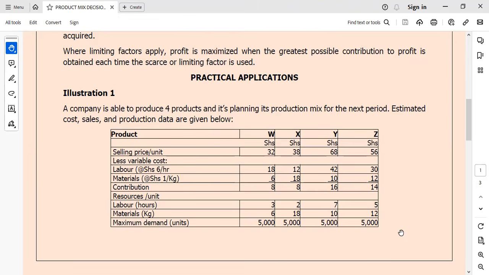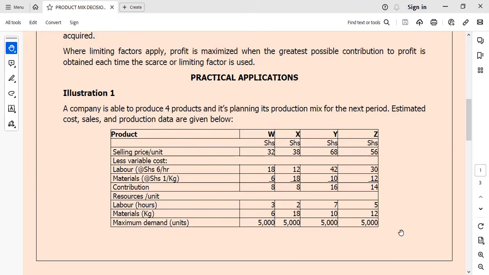Then they are also giving us materials in kilograms, which are required to make a unit of each product. We have the maximum demand in units. For product W, we need to produce 5,000 units because that's the demand. Then X 5,000, Y 5,000, as well as Z 5,000 units. So that is our information.